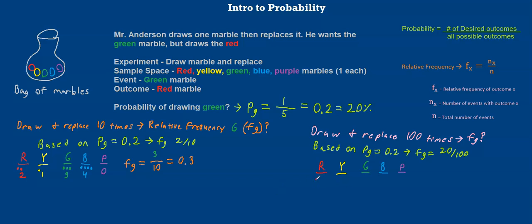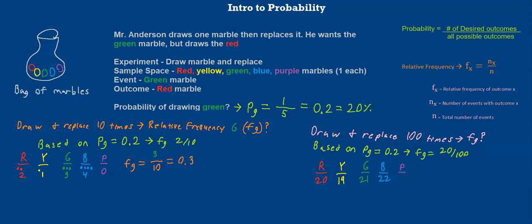Maybe you get exactly 20 for red if you draw 100 times. And maybe you get a little bit less, maybe 19 for yellow, close to 20, but not exact, because when you're dealing with real numbers, things tend to get a little messy. And maybe we get a little over 20 for green, and a little over 20 for blue.